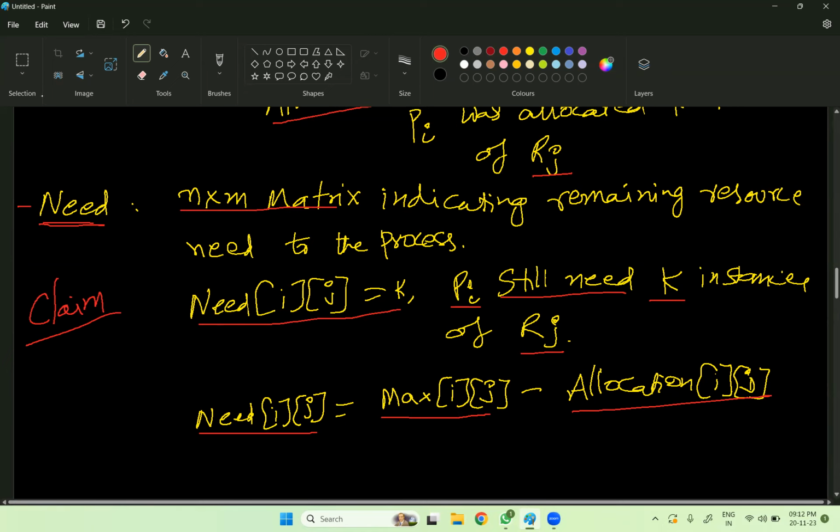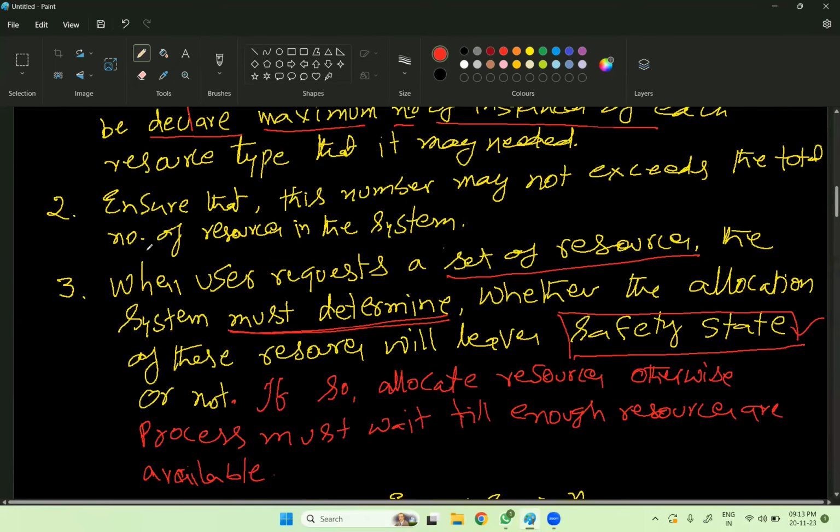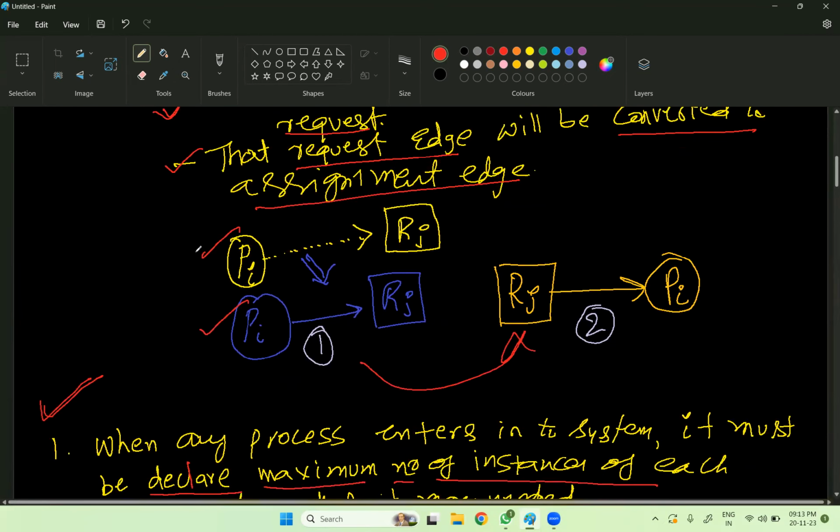Therefore, these are very much required to be understood in terms of the banker's algorithm. The banker's algorithm works on these 4 data structures and these claim edges. These are very much required for you.